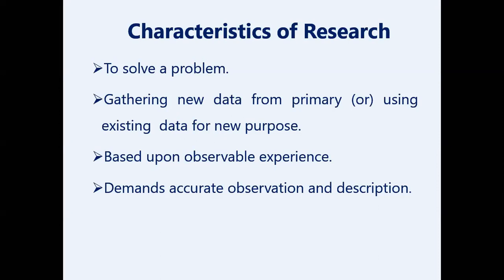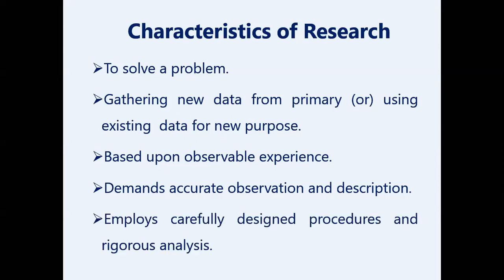Okay. So it employs a carefully designed procedure and rigorous analysis. When I say rigorous analysis, it means research is not something where you do an experiment just one time and write the result. When you are researching, you have to work toward reproducibility.